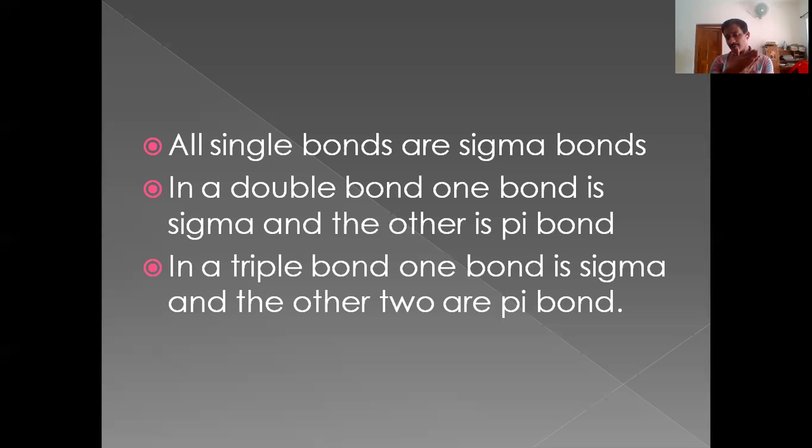So only after filling 2s will electrons enter 2p. According to Hund's rule of maximum multiplicity, when electron filling takes place in orbitals of the same sub-energy level, what happens?